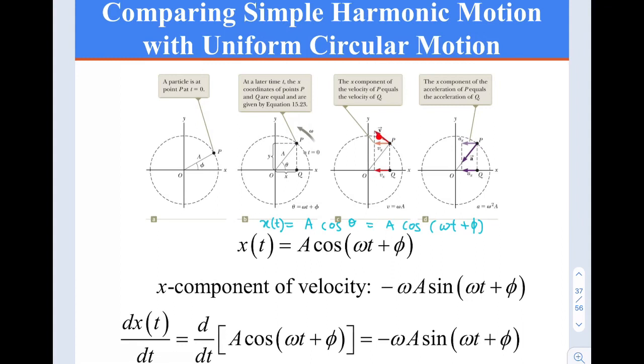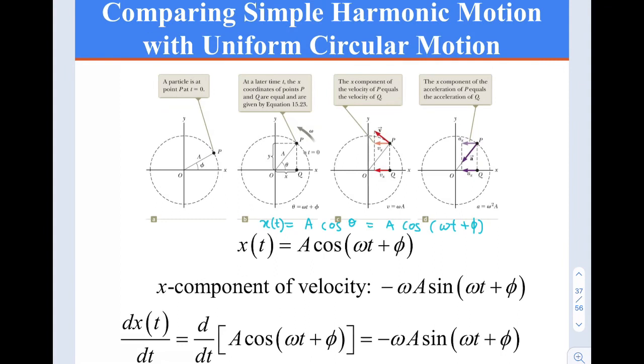While this point is rotating counterclockwise, the image of it at point Q seems like it is going to move to the left, right? And after it reaches this point, it's going to move to the right, and so on and so on.